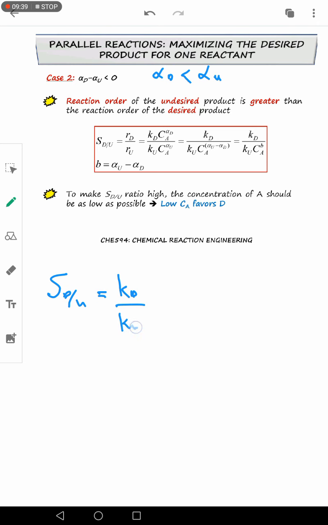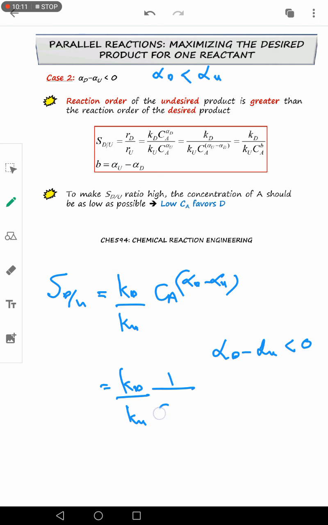tadi you dapat you punya selectivity Ca alpha D minus alpha U, kan? But in this case, alpha D minus alpha U is less than 0. Bermakna sebenarnya Kd over Ku ni adalah less than 0, so bermakna Ca berada di bawah.